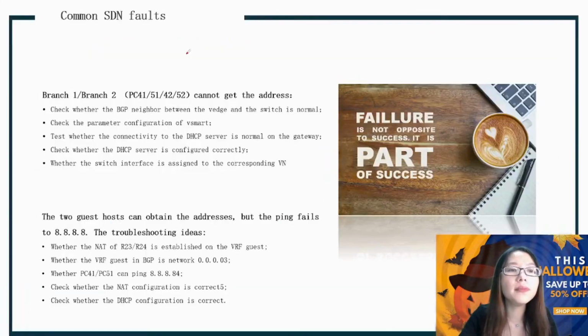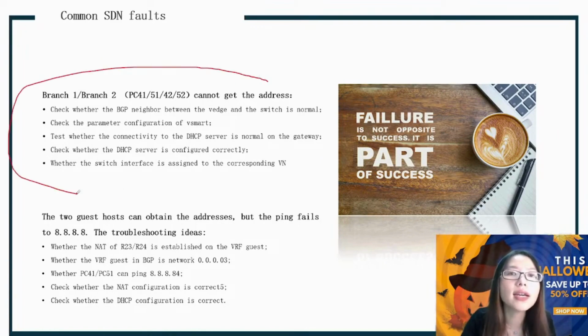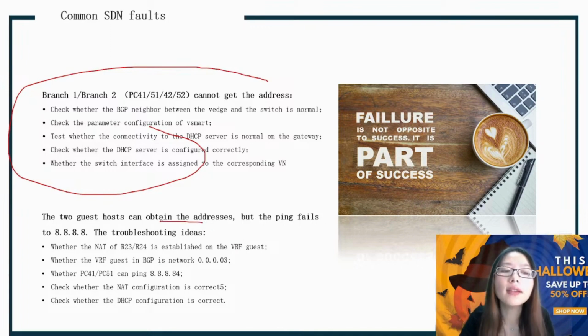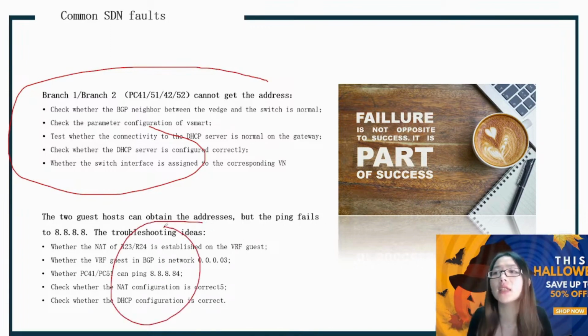So in SDN, you can see the most important thing is that the first switch can get an address and the first switch can ping the internet. So if you haven't taken part in the CCIE lab, maybe I don't need to share the troubleshooting ideas.